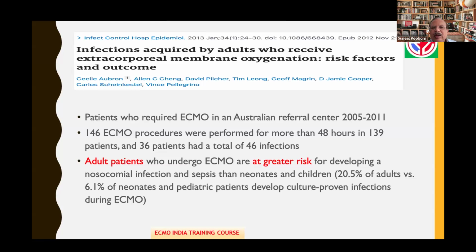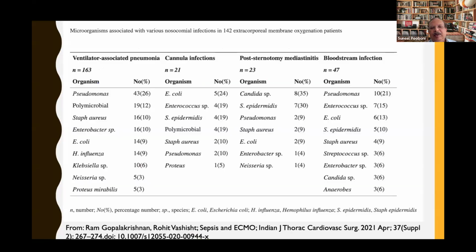In neonates and children it is less than in adults: adults 20.5%, whereas in neonates 6.1%. These are the various bacteria which Cecil et al. came across and also reported by Ramgopalakrishnan et al.